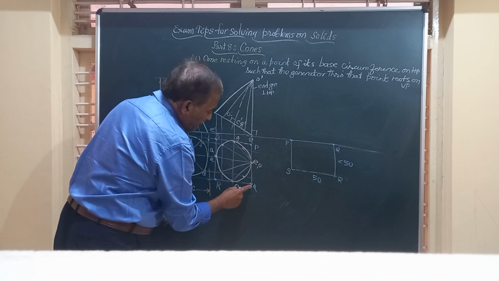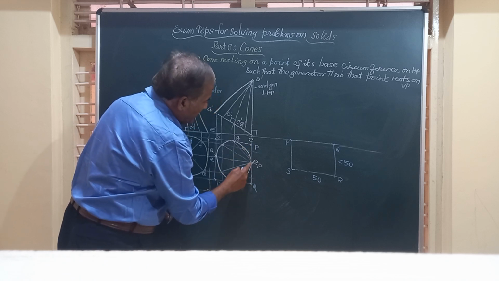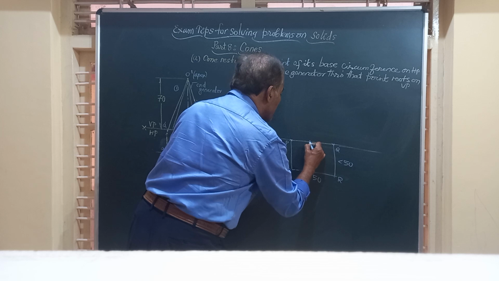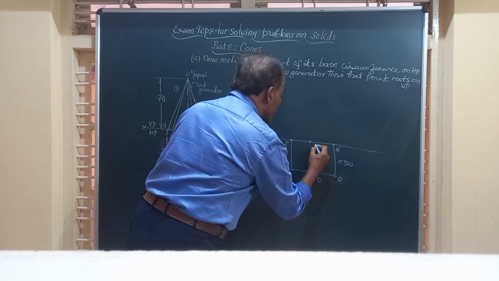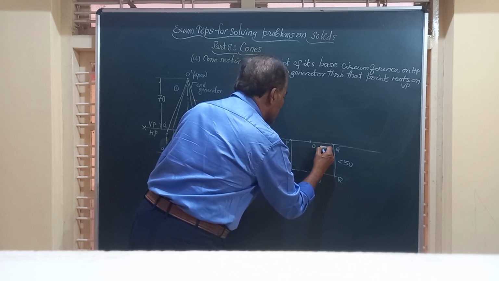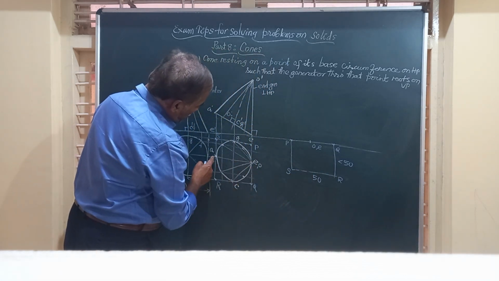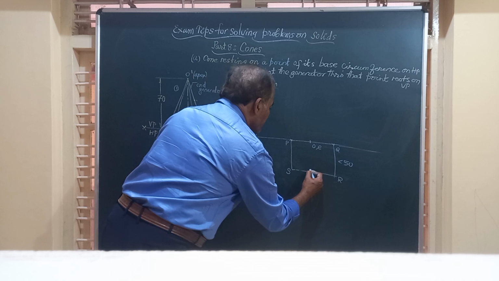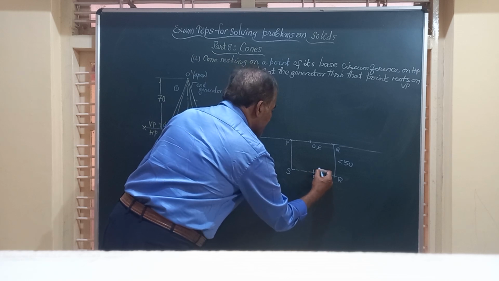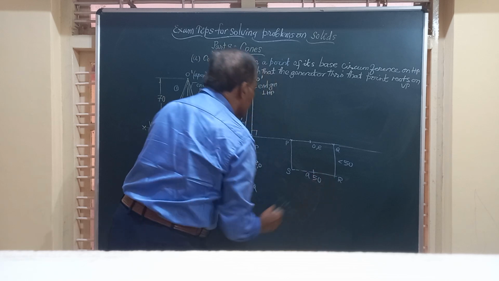Exactly in the center of PQ, we have OE. So I will locate that point. I will call this point O, comma, E. Then friends, opposite to this OE is point A. I will mark it as A here.